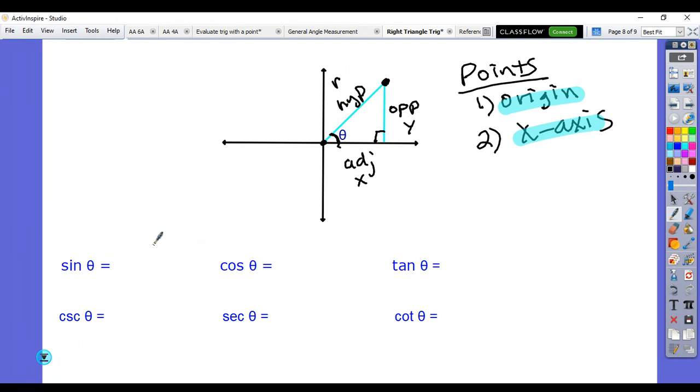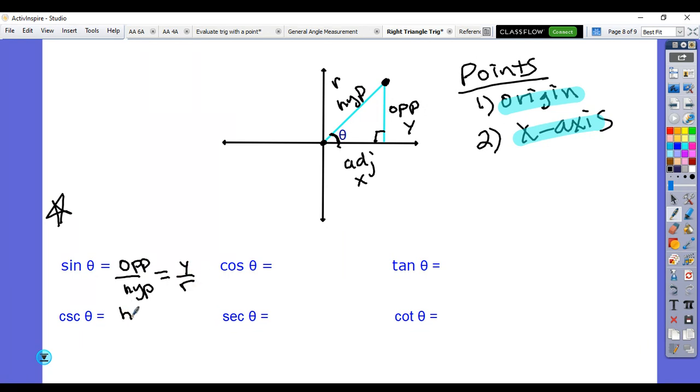Okay, so this is probably going to be the most important thing I want you to write. We know sine is opposite over hypotenuse, but it can also be written as opposite is y over hypotenuse is r. Y over r.